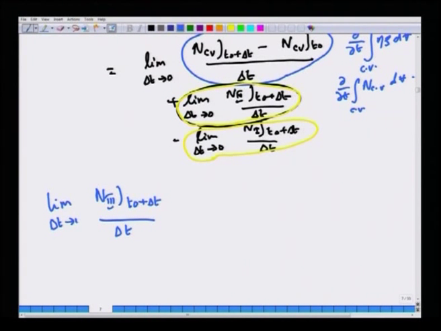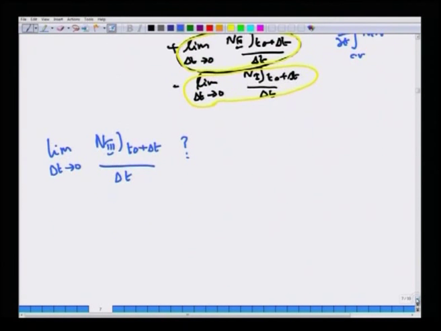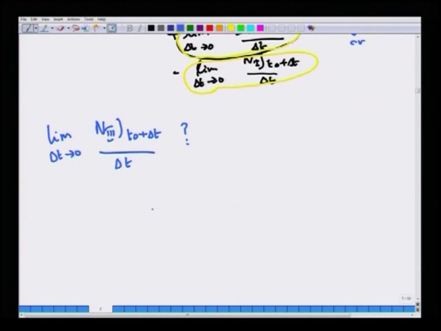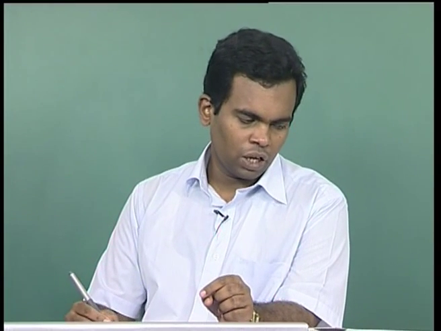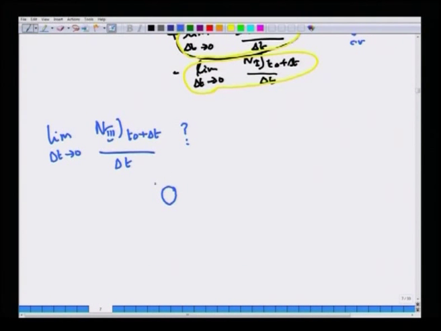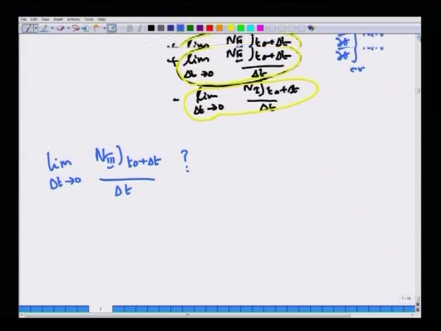So, how do we calculate the limit of n3 at t0 plus delta t divided by delta t, as delta t goes to 0? This can be calculated by realizing that the material volume is moving by virtue of the velocity of the fluid that was residing at time t equal to t0 within the Cv. Let us go back to this diagram.